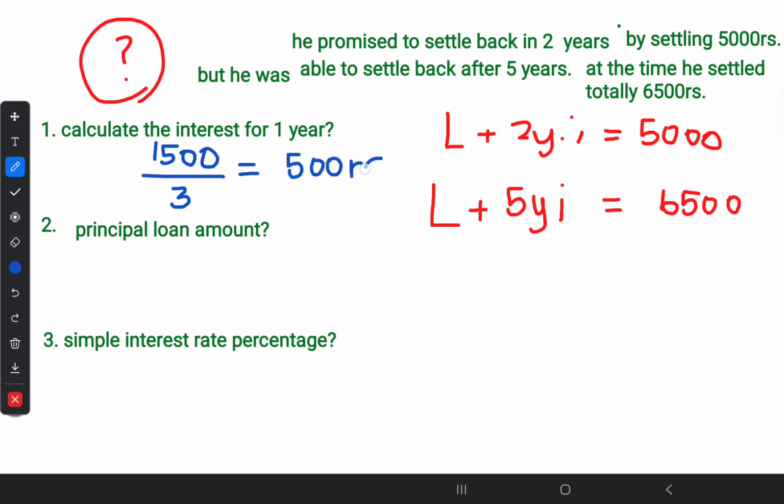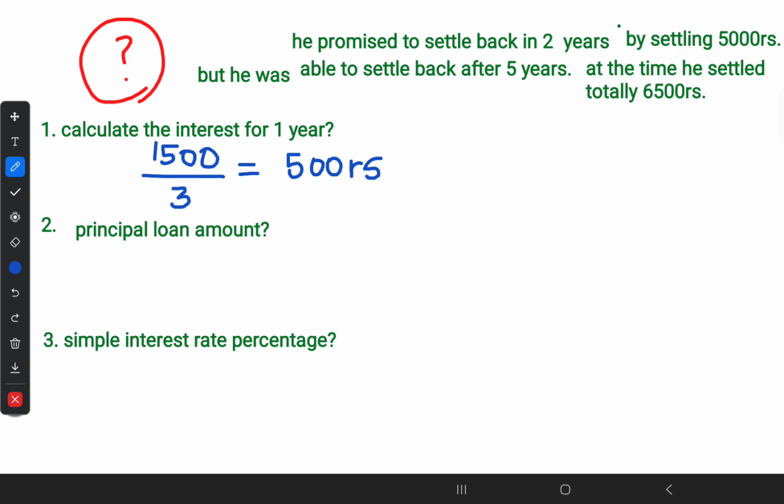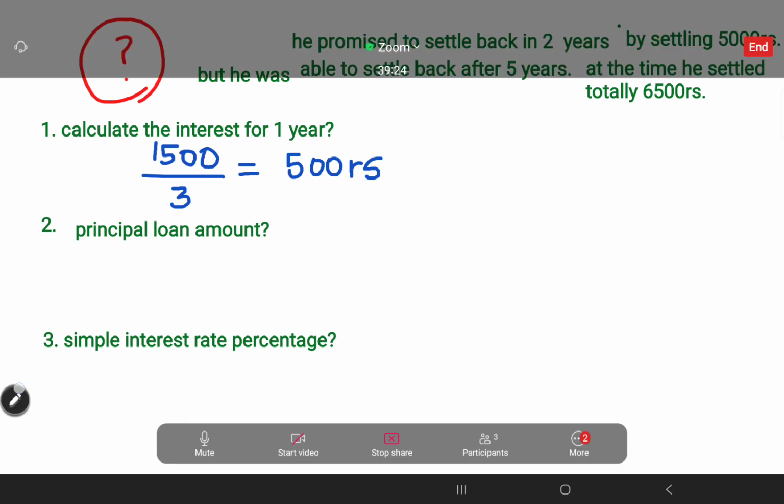This is the interest for 1 year, 500 rupees, because 1,500 is the additional interest for the upcoming 3 extra years.